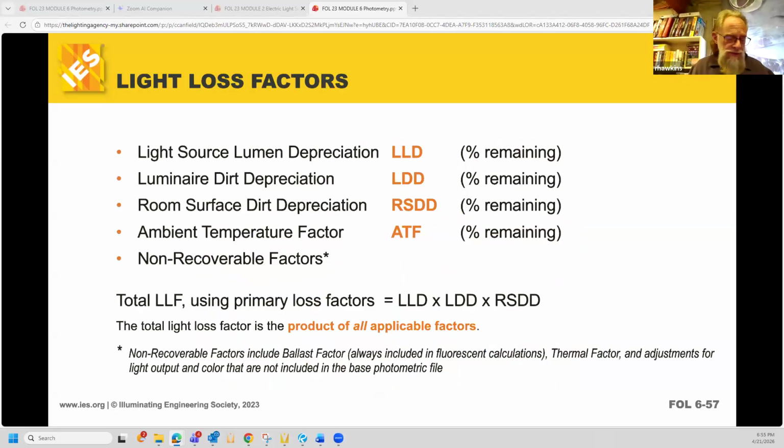Now this, with all the easiness that computer programs give us and all the not hand doing we're doing, this still needs to be taken into account when you do your computer program. How fast does the light depreciate? Or nowadays, that concept, we used to have life ratings for lamps, right?